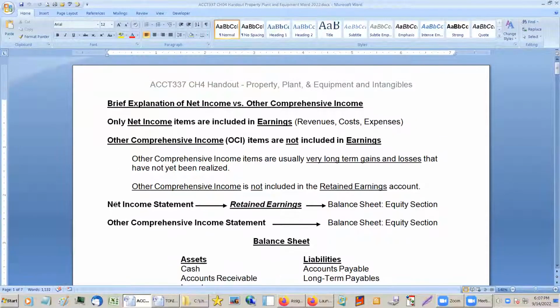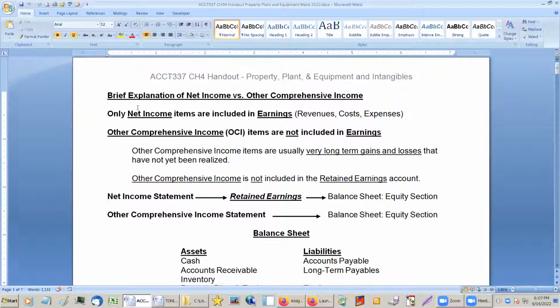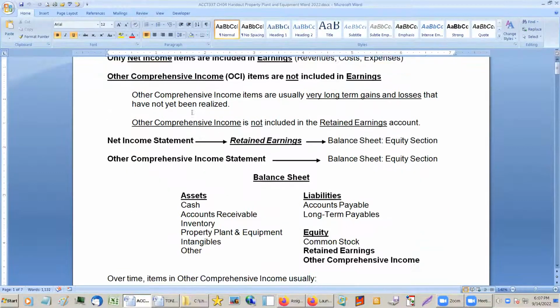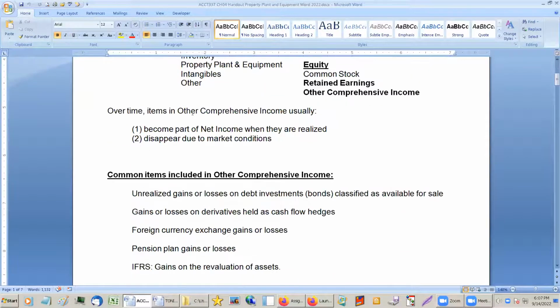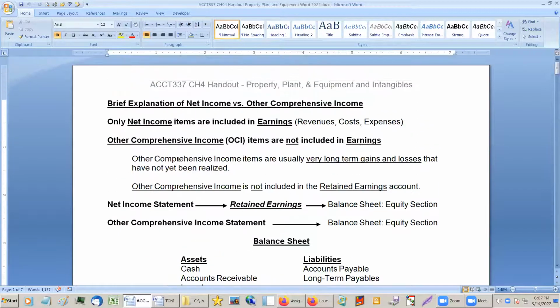Okay, so this is our regular way that we do our financial statements look like this. We have our net income, it goes into our retained earnings, and that goes into our balance sheet. Okay, so this is the normal way that we do it.